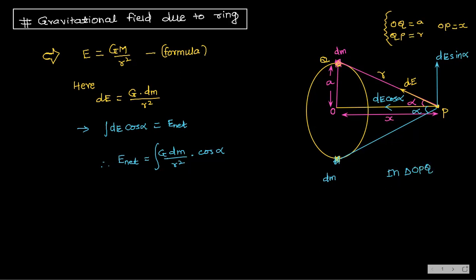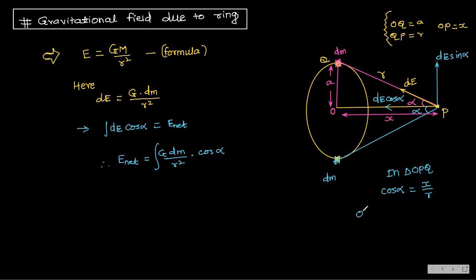See here, cos of alpha is equal to x by r. Agree with me, cos alpha is x by r?